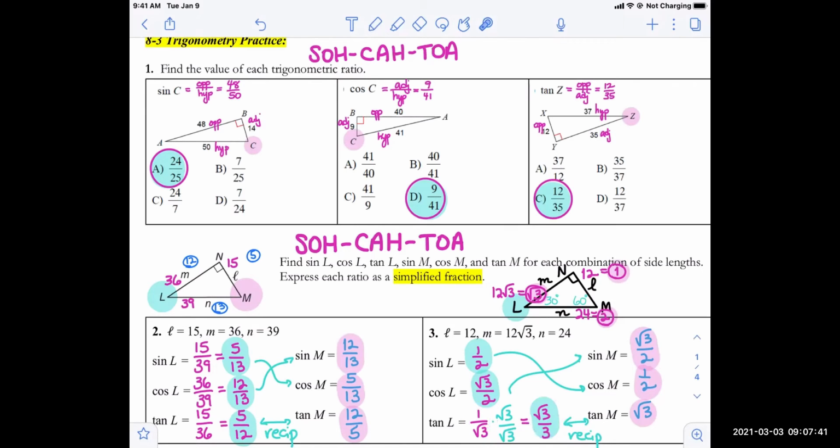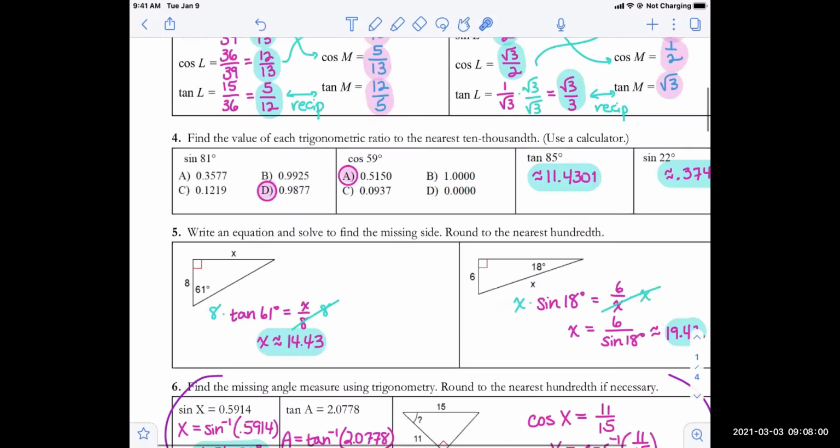You can also look and say tangent of M would be the opposite over the adjacent, so it's square root of 3 over 1. In relation to M, that's your opposite and that's your adjacent. Anything else? Okay.